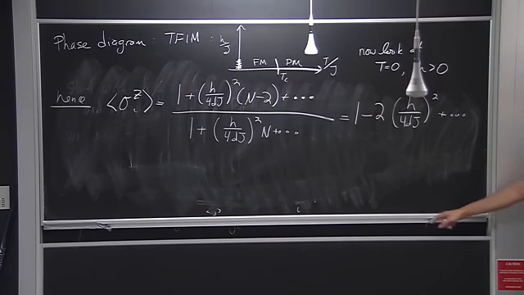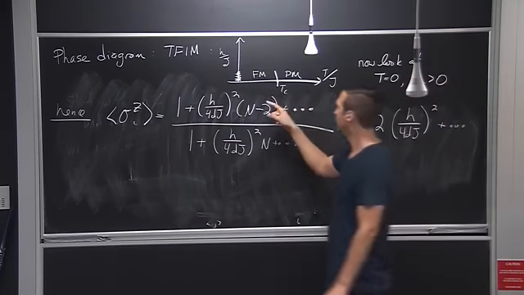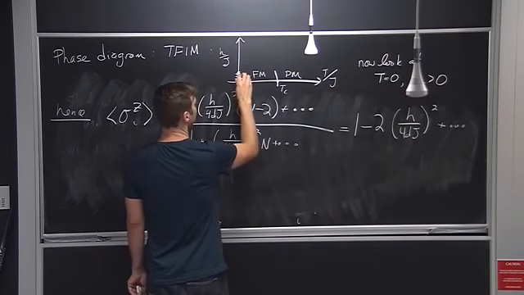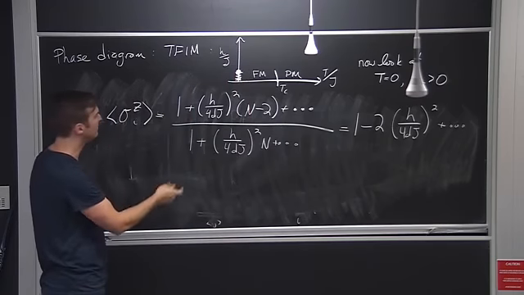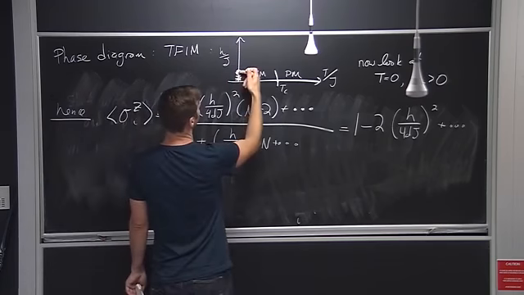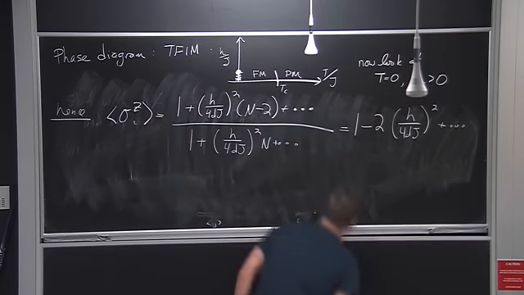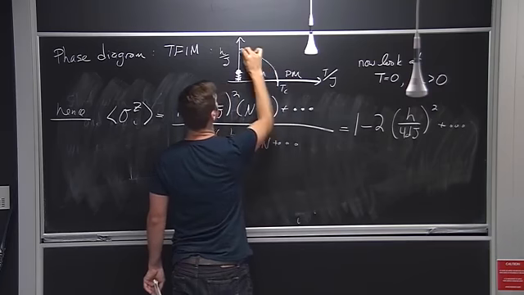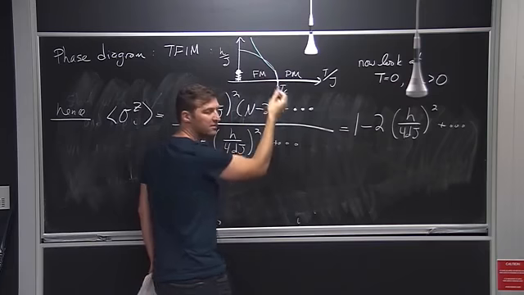So we're almost getting an intuition for this phase diagram. This ferromagnetic phase somehow survives perturbatively because of this argument. And the only question left is, what does the phase boundary look like? Whether or not it terminates, or maybe it goes up forever like this.